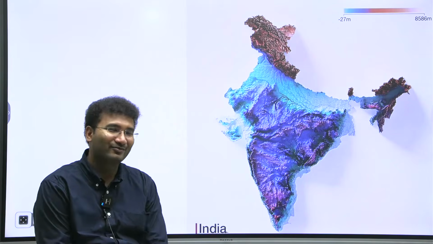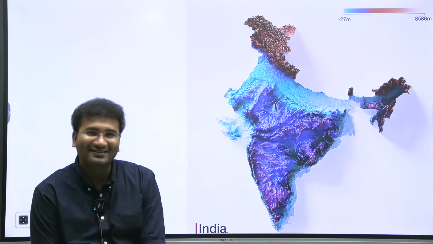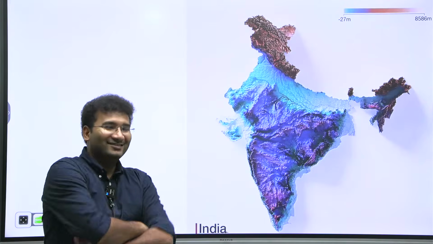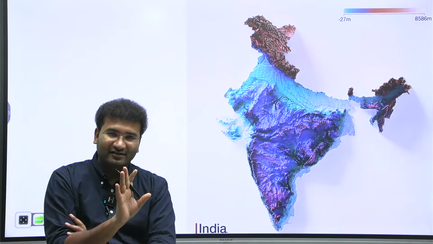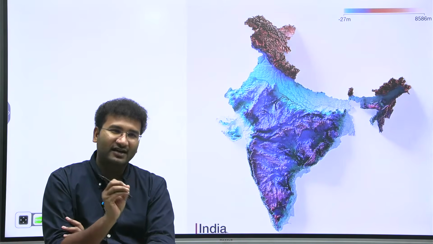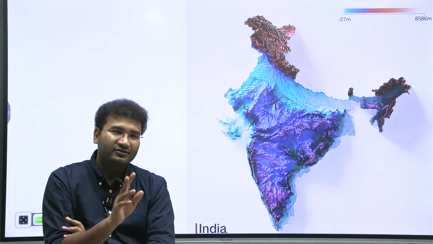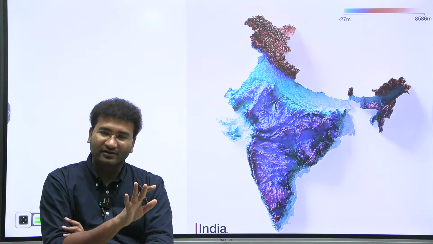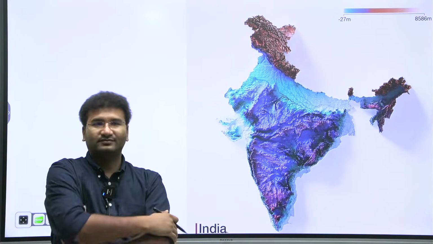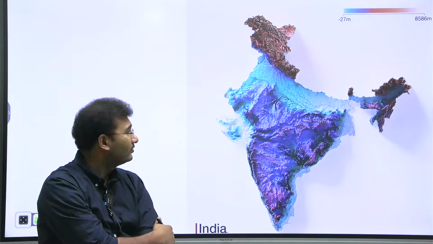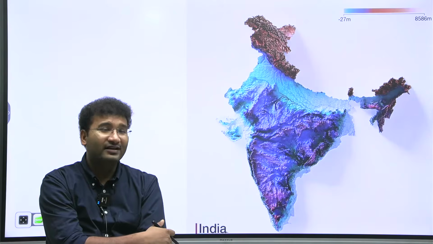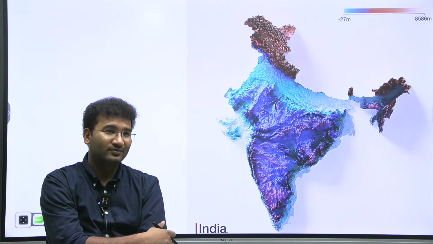Union territory. If the examiner gives you a question, how many of the states have borders with at least 2 countries, 2 international borders? Right? 7 states, how? At least 2 I asked. 2. What are they?